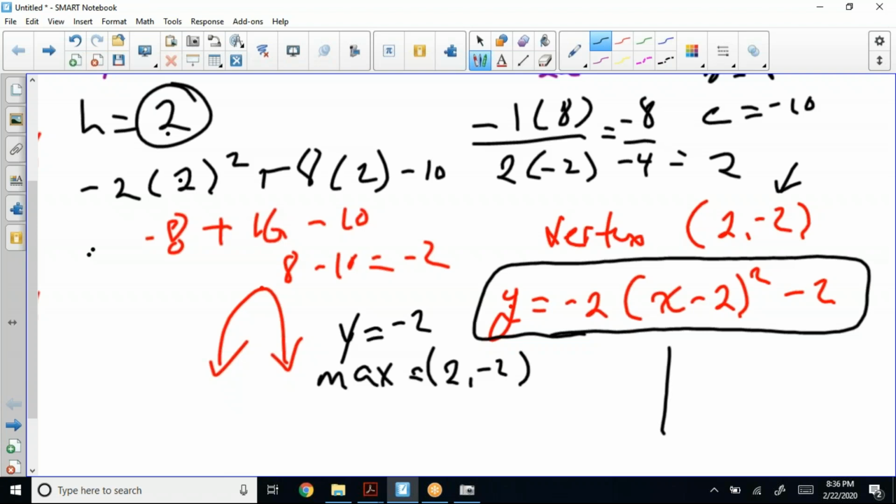So if we think about this as being our x squared, it's being reflected, which means it'll just open downward, and then it's moving 2 to the right and down. So it'll be down here, right? So that's kind of from a transformation standpoint as well.